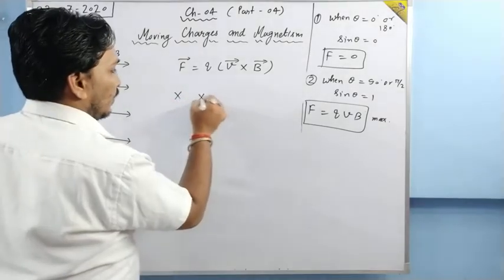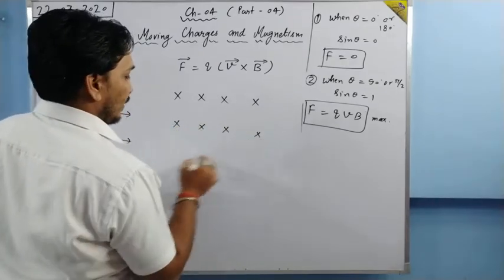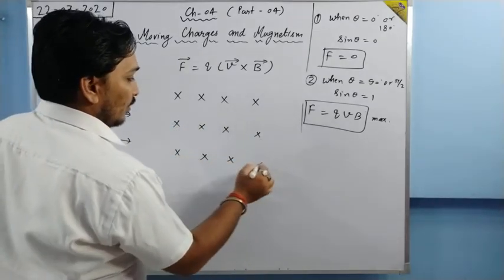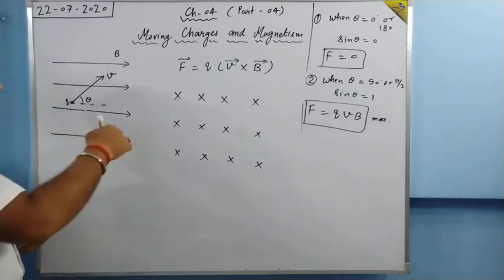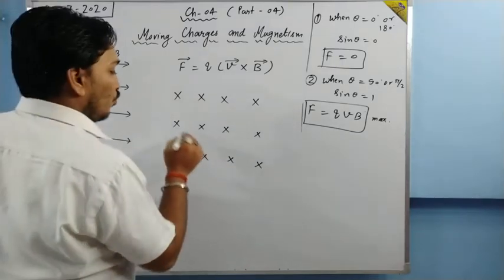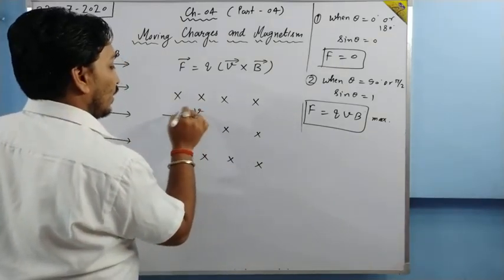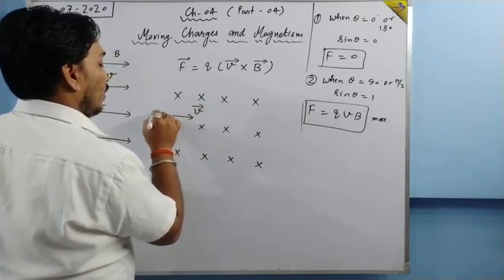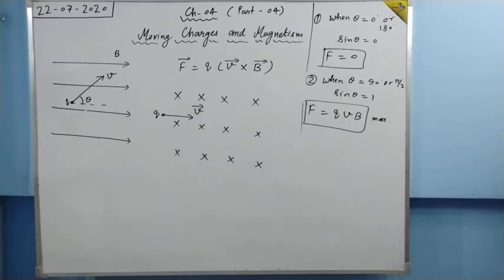Suppose this is the magnetic field. It is cross, you can understand, the direction of magnetic field is inside, perpendicular inside the board. If a charge Q moves in this direction V, in which direction will the force be experienced?